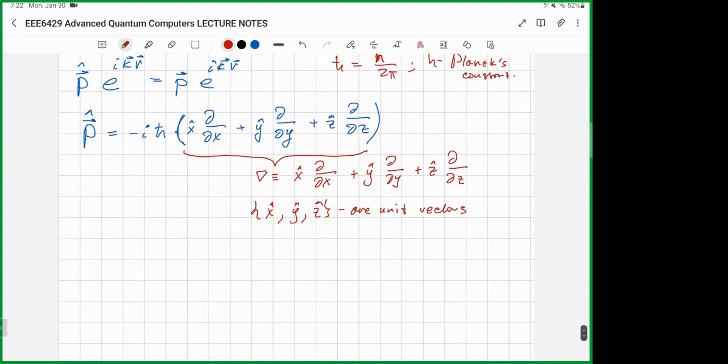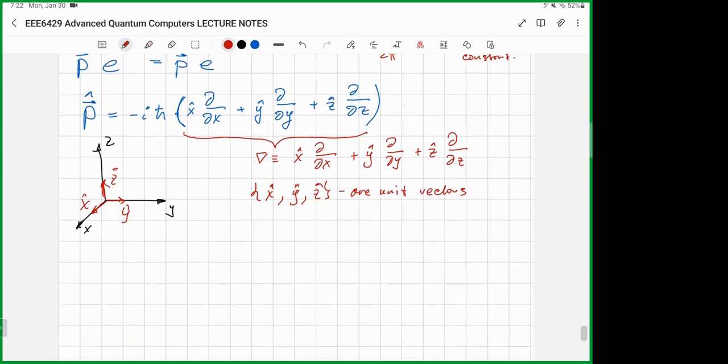So here in this coordinate representation, we talk about our usual coordinate space. We introduce the x, y, and z lab coordinate system, and x hat, y hat, z hat are the unit vectors.